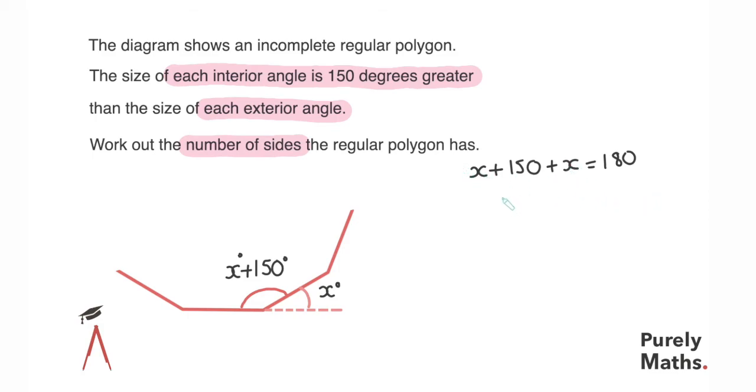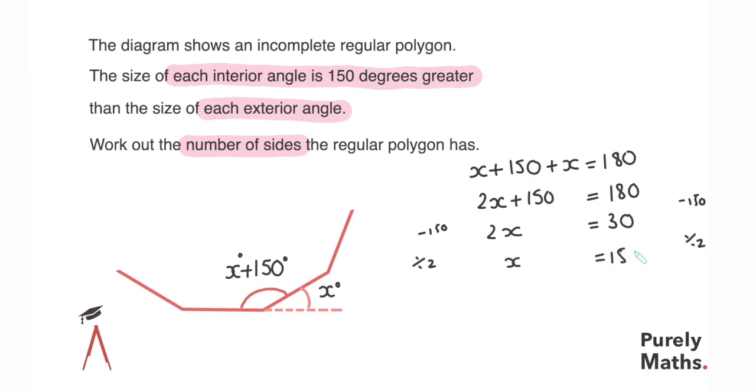I can add the two x's together, so that's 2x and then plus 150 equals 180. I can subtract 150 from both sides of the equation, so that leaves me with 2x is equal to 30. And then I can divide both sides of the equation by 2, and that gives me x is equal to 15. So that means that my exterior angle here is 15 degrees.